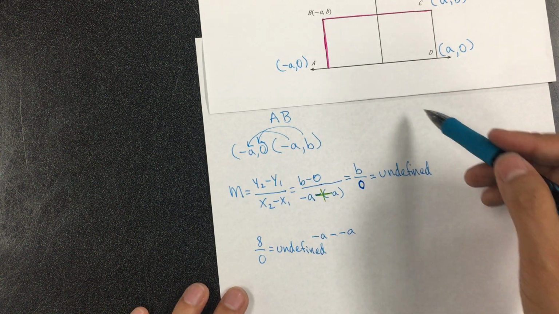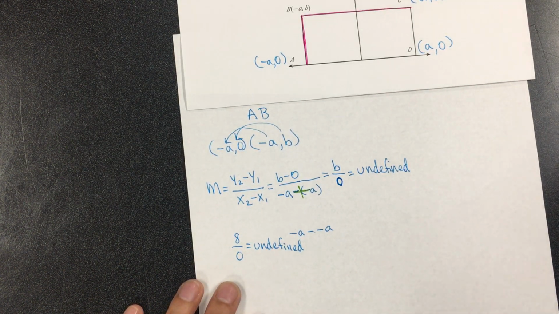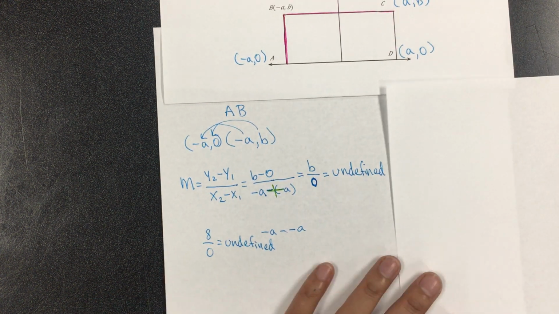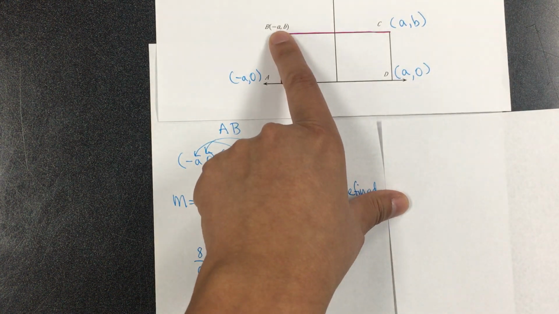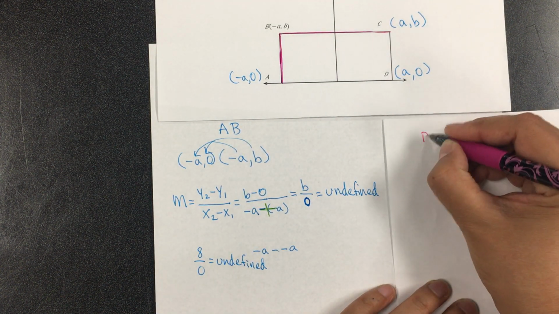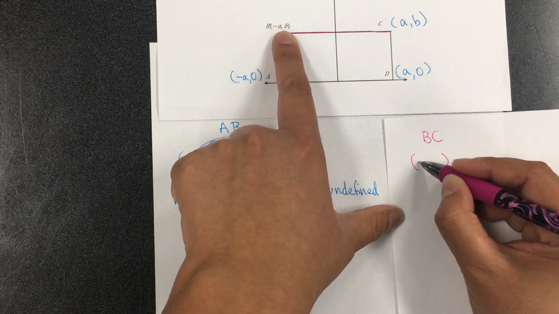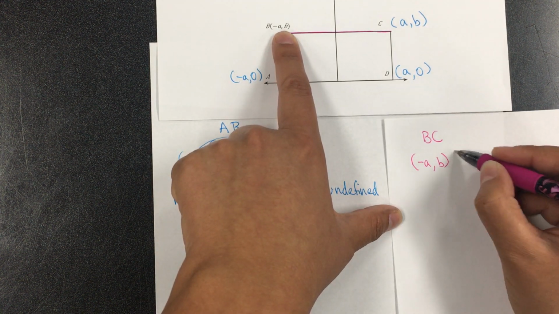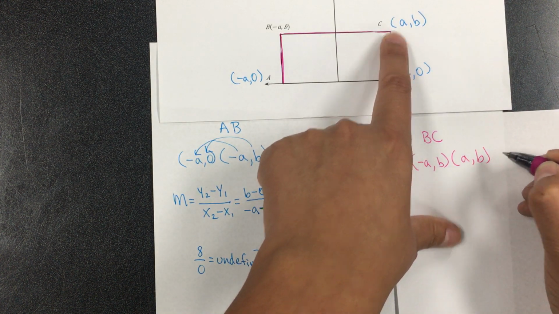Okay? And I didn't leave enough space for the other one. But that's okay. Okay, for the other slope, I'm going to use BC. And so point B is negative a, b, and point C is a, b.